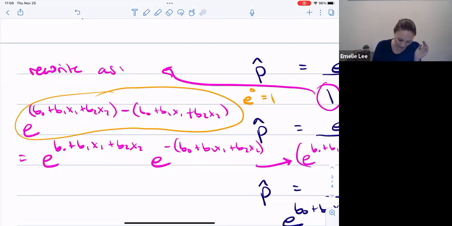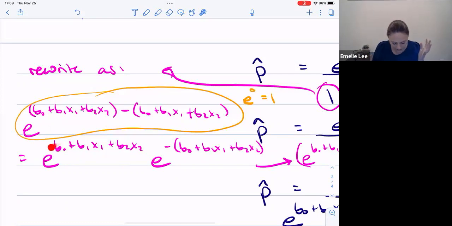Using the exponent laws, I can break this up into 2 exponents. So now I have another version of e to the b0 plus b1 x1 plus b2 x2 times e to the negative, and then it's all negative, b0 plus b1 x1 plus b2 x2, which I could expand if I wanted to, but sometimes it's nice to just have it on the outside.